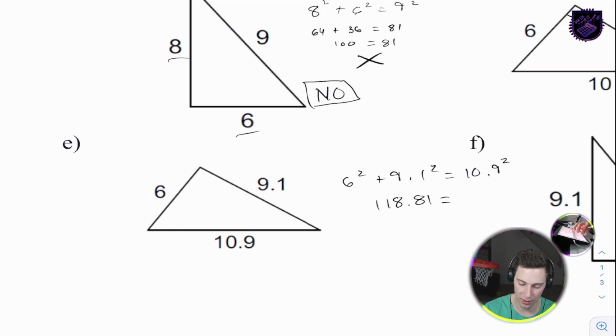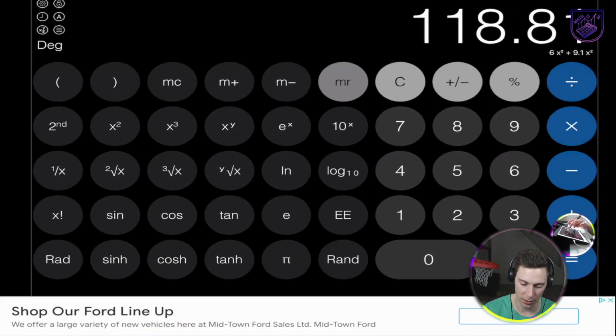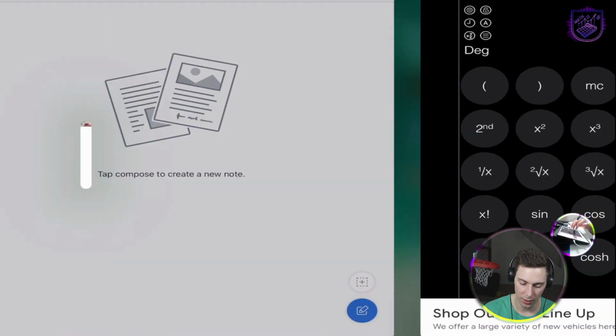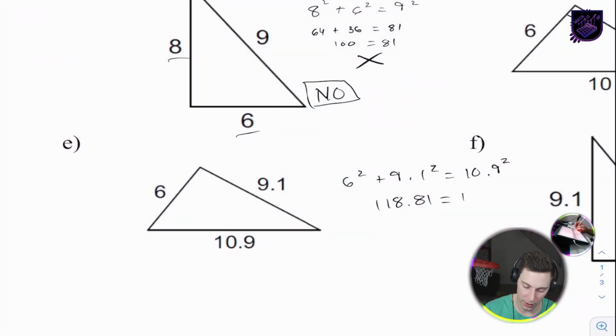And 10.9 squared is equal to 118.81. Yes. That's how we can check.